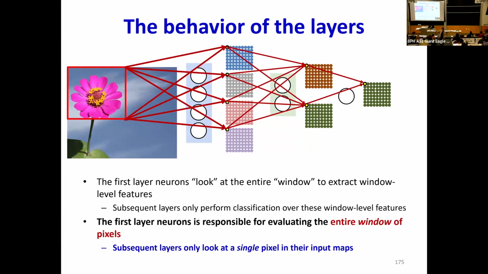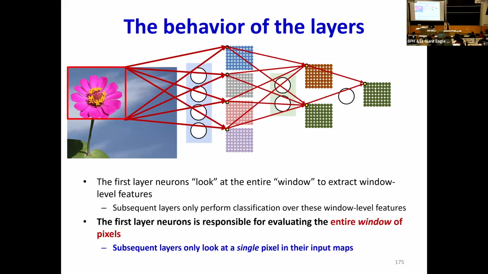The first layer neurons are looking at this window of input. And then subsequent layer neurons are simply looking at the output of individual first layer neurons, right? And so these guys ended up looking at the entire window. And this fellow here only looked at this one dot to decide if this block had a flower.